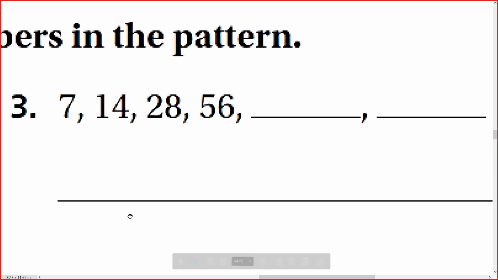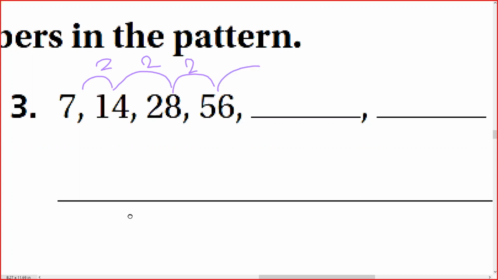Okay, 7 multiplied by 2 equals 14. 2 again, bravo. Then 14 times 2, 28. 28 times 2, 56. And 56 times 2.